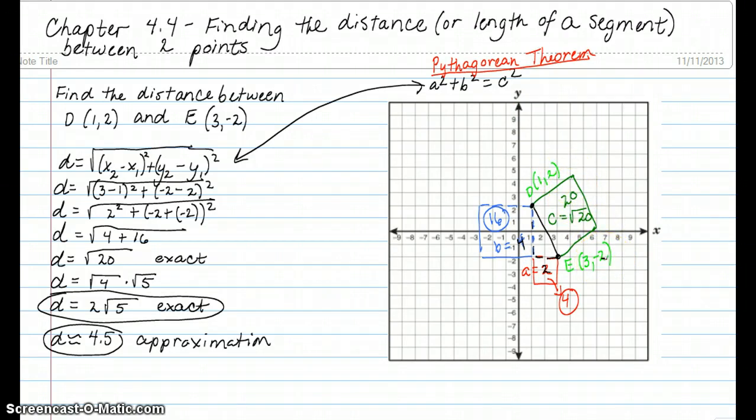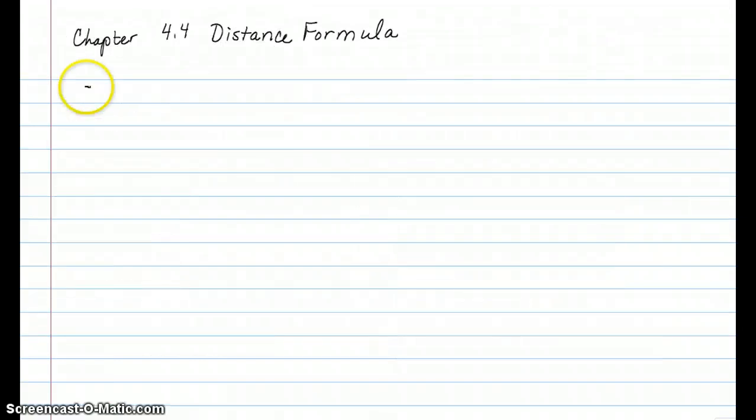So x sub 2 minus x sub 1 is essentially your a value, and your y sub 2 minus y sub 1 is essentially your b value, your rise value. And then let's take a look at how we went from a squared plus b squared equals c squared.